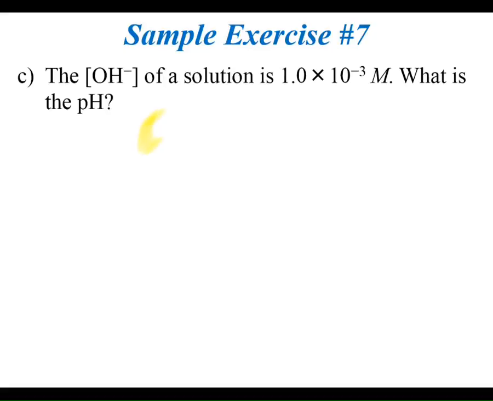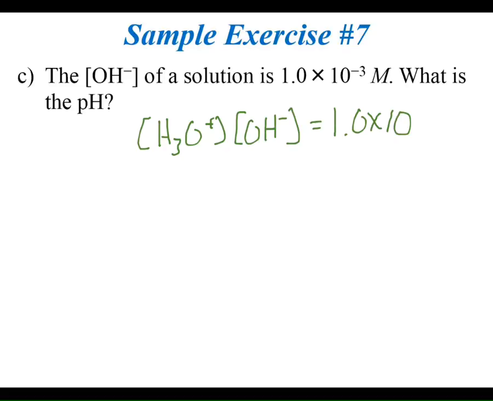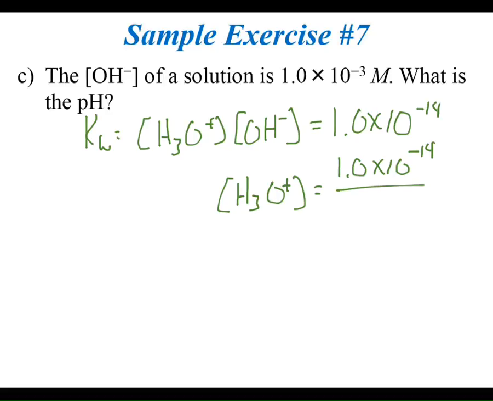We said the hydronium times the hydroxide always equals 1 times 10 to the negative 14th. That's called the KW. So if I know the hydroxide, I can find the hydronium. So the hydronium has to be 1.0 times 10 to the negative 14th divided by the hydroxide, right?